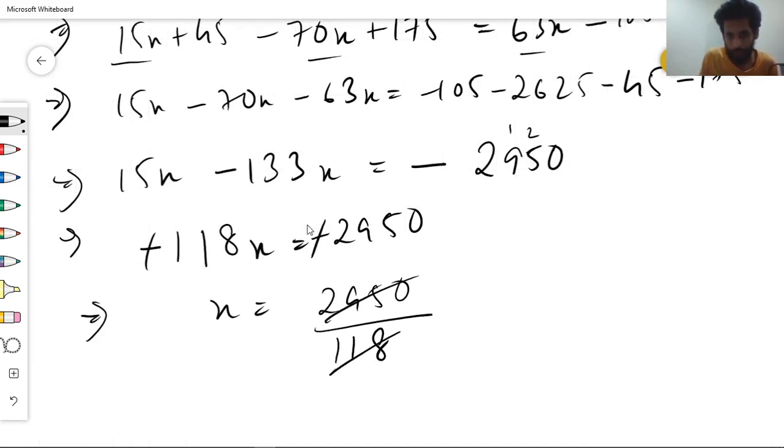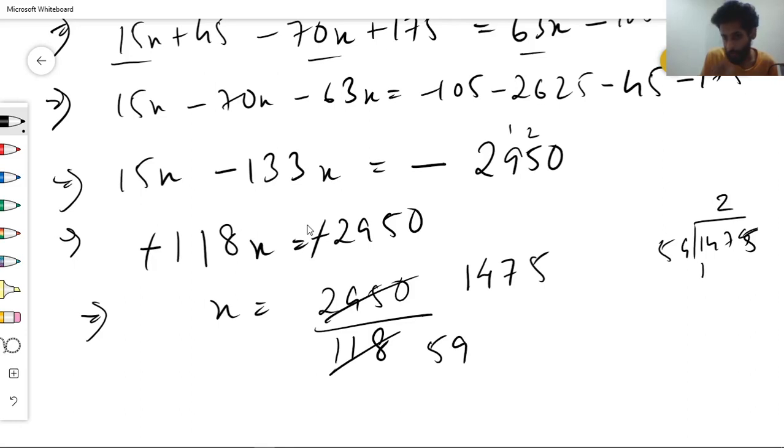So when we divide it by 2, it will be 59, and this one will be 1475. So 1475 divided by 59, 59 2s are 118.